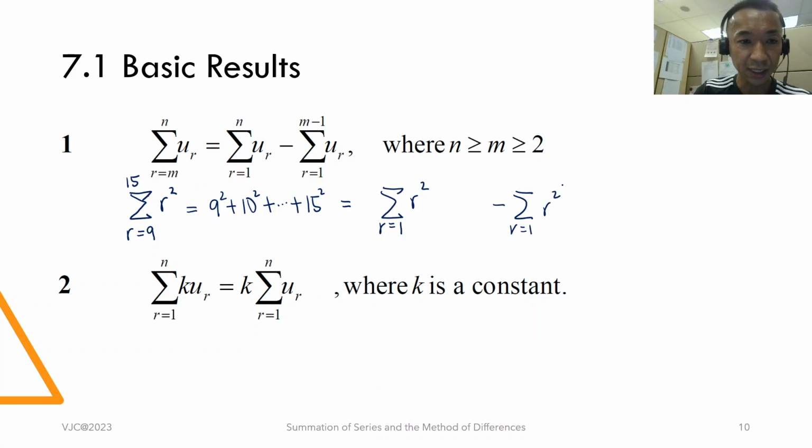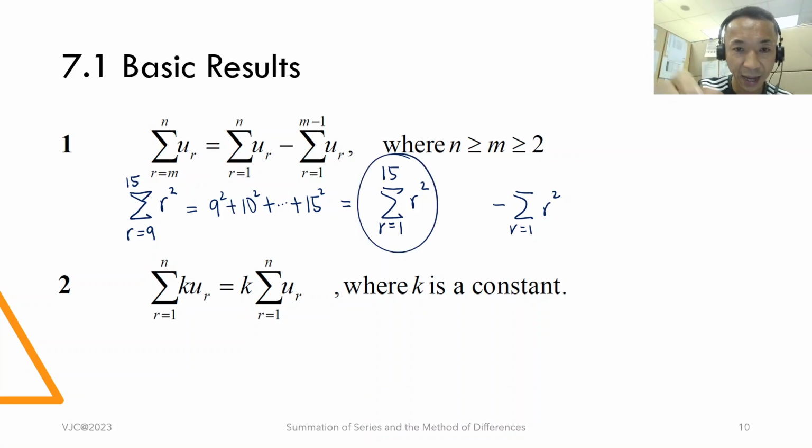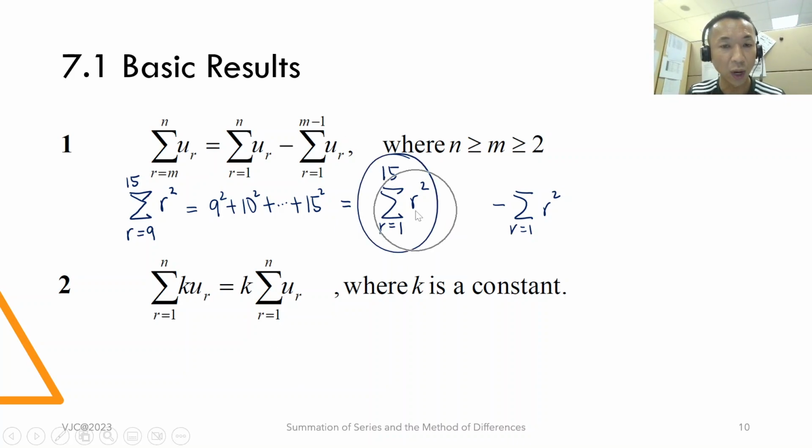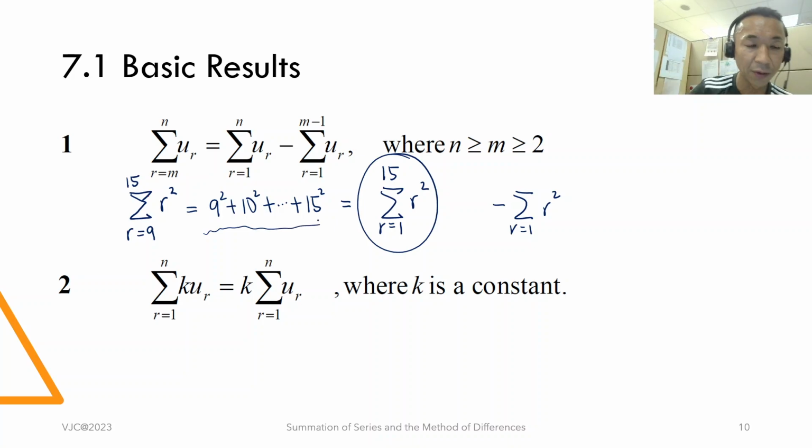It's quite obvious that if I write it like that, it is 1 squared plus 2 squared plus 3 squared all the way to 15 squared. To get this summation, which is starting from 9 squared, you must minus from 1 all the way to 8. Not 9, but you must minus, correct? You must minus from 1 to 8 in order to get 9 squared.